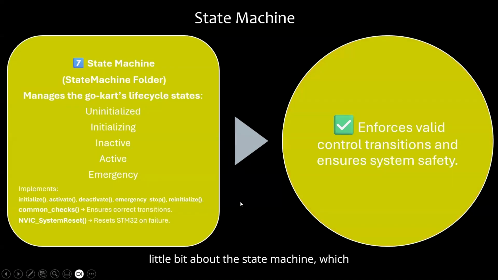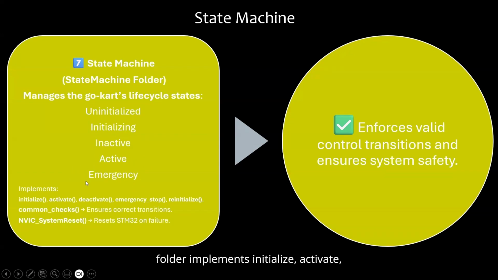Okay, let's talk a little bit about the state machine, which is a very important component of this whole architecture. And this can be found in the state machine folder. This manages the go-kart's lifecycle states. So the go-kart can be uninitialized, and it transitions to initializing. And once it's done initializing, it goes into inactive mode. You can transition it into active, so it's in operational mode. And then if anything goes wrong, it goes into emergency mode.